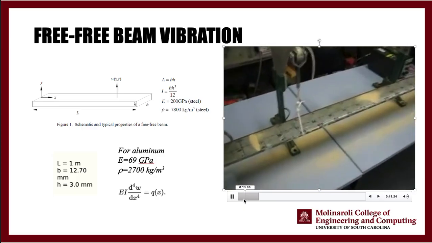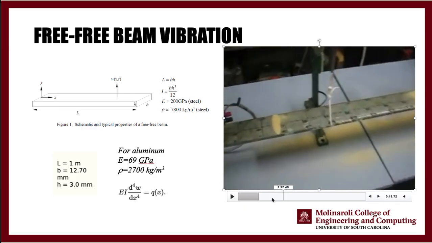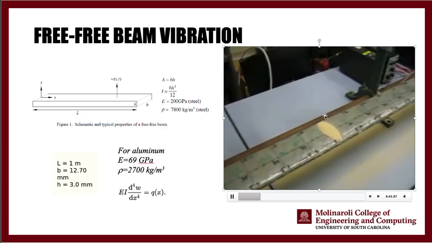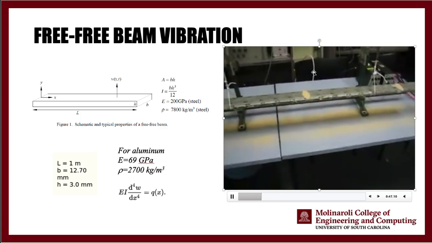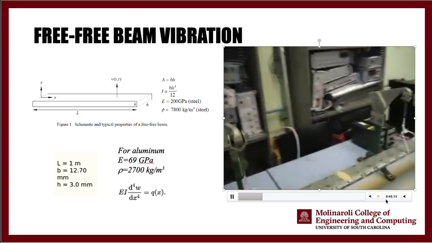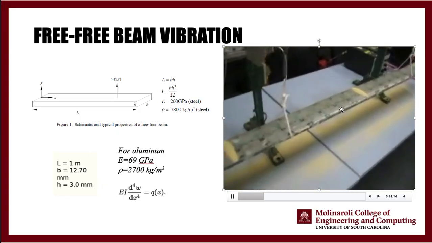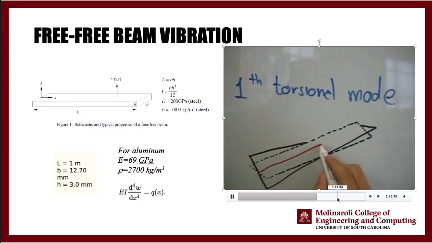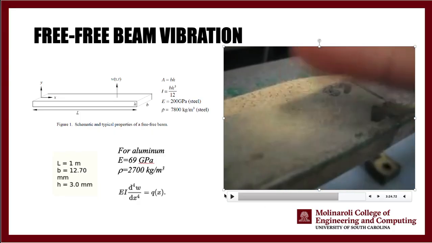Okay, I have a video here as well. You should definitely go and watch it. You can see these are the node locations where the sand moves to. There are essentially 0 displacements, and you have your free beam. Please go ahead and watch this video at your own convenience.